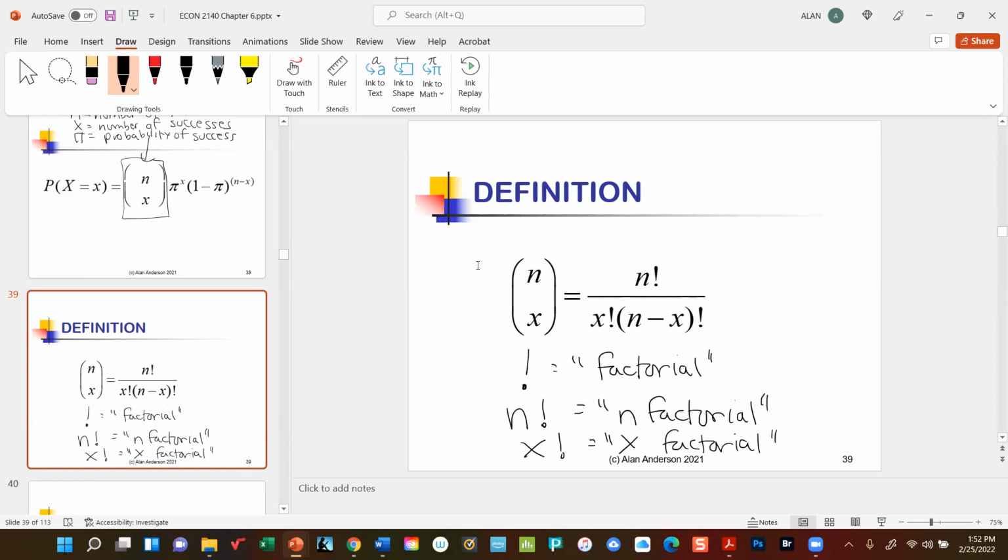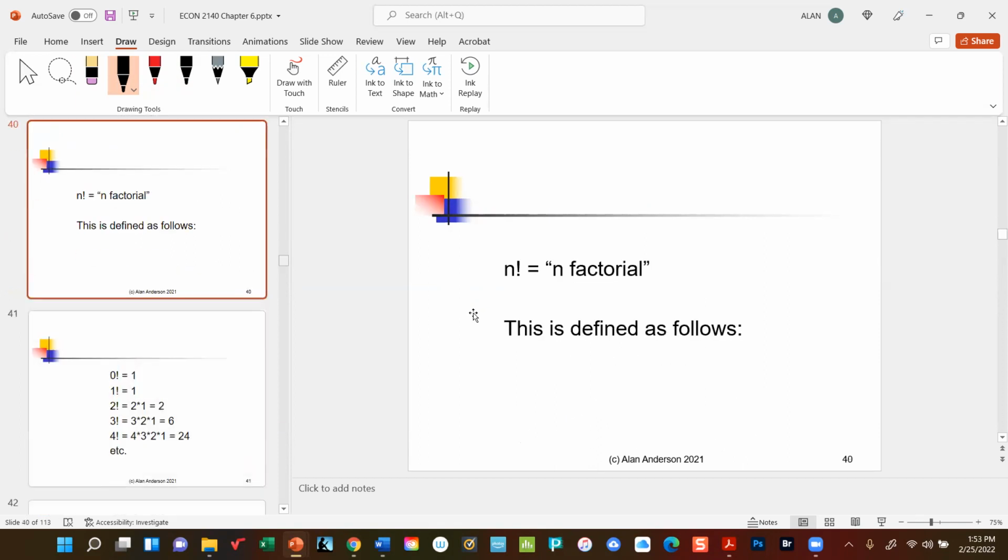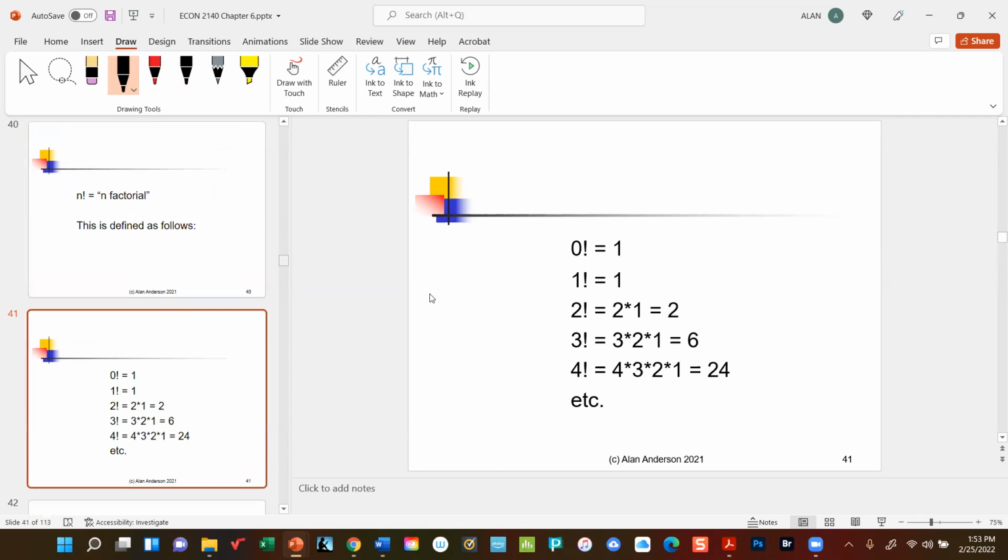All right, so this is actually a mathematical operator. If you look in your calculator, you should be able to find a button labeled x factorial that will give you what you need, but this is a very interesting mathematical operator, and here's what it says. It starts with 0. Now, this thing is only defined on non-negative integers.